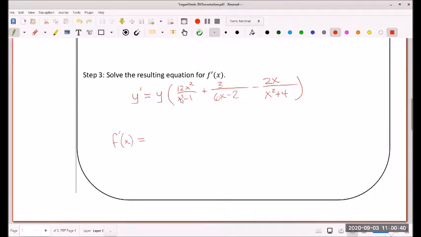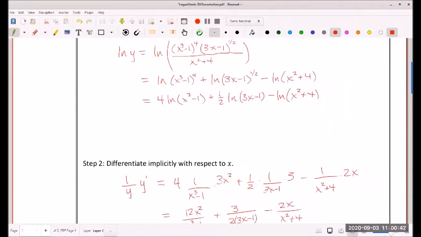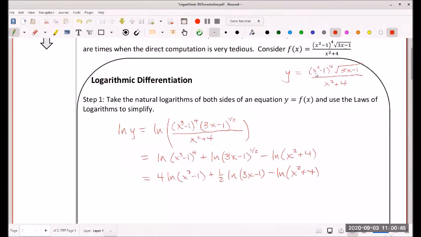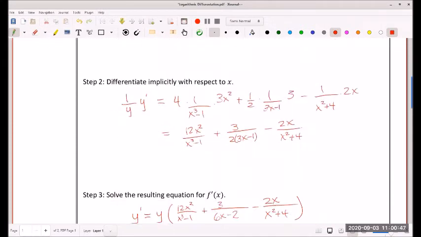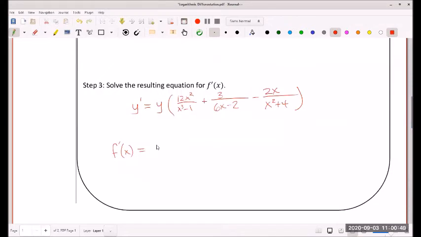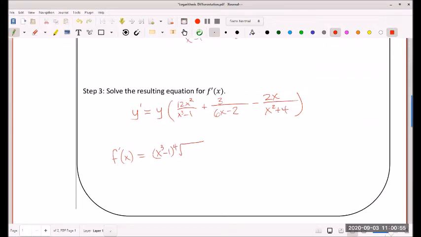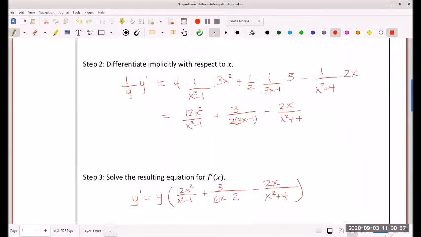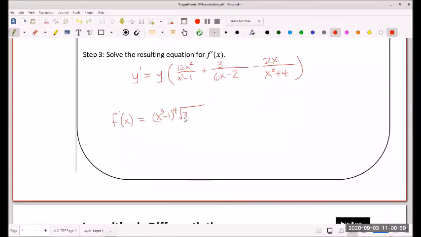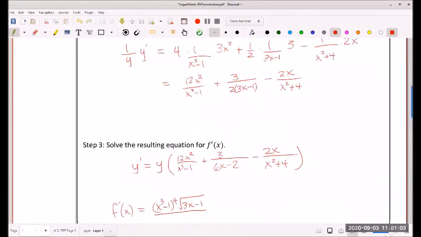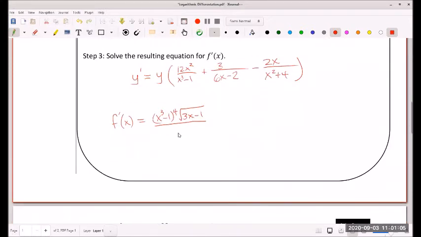And then we'll replace the y here with the original function, which is this x cubed minus 1 to the 4th times the square root of 3x minus 1 all over x squared plus 4.